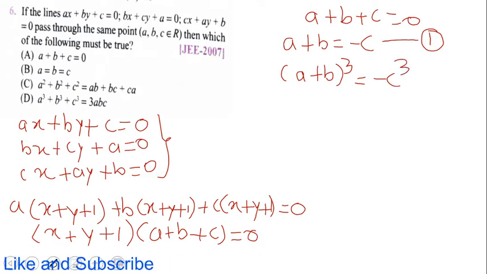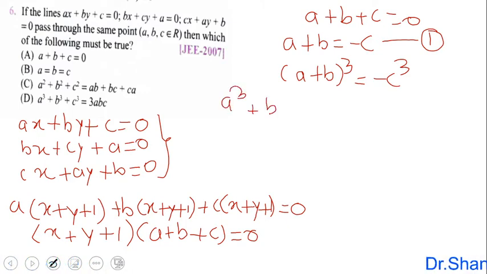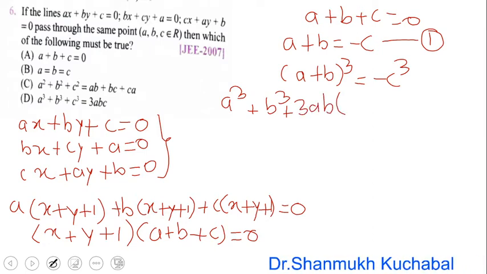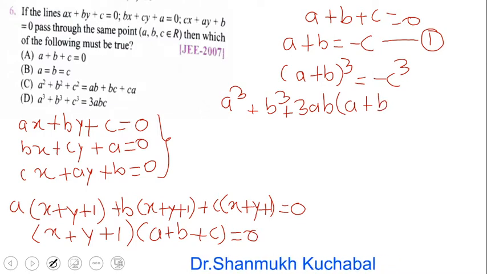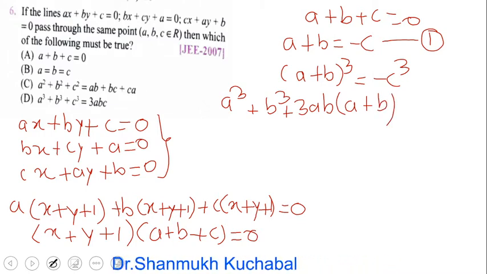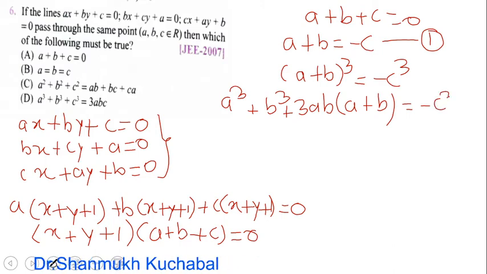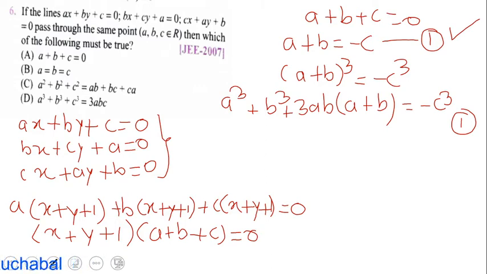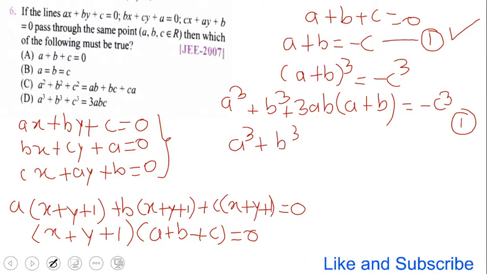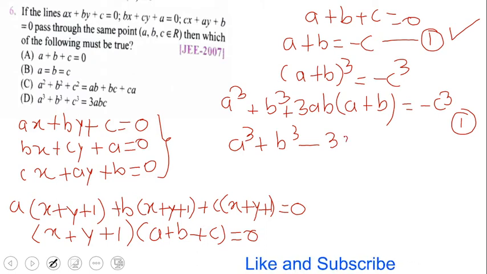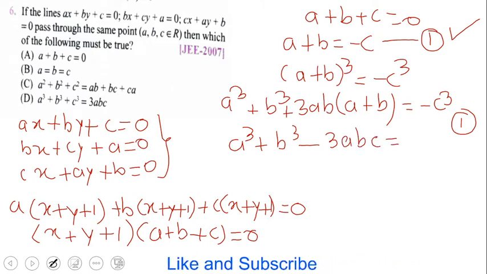Expanding, we get a cube plus b cube plus 3ab into (a plus b), which is the expansion of (a plus b) raised to 3, and the RHS as it is. Now I use equation 1. In equation 1, a plus b we replace with minus c here. So we get a cube plus b cube, and a plus b we take as minus c, so we get minus 3abc equal to minus c cube.